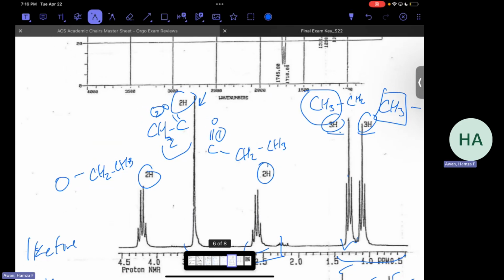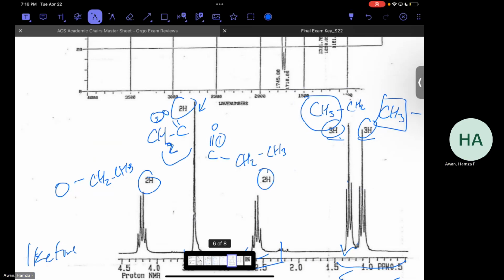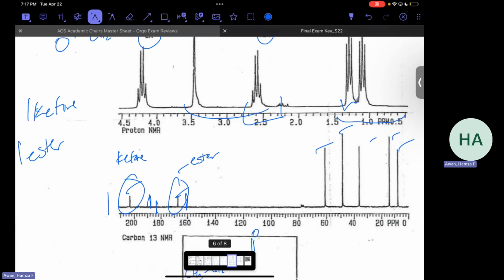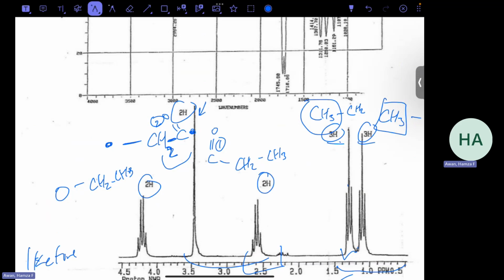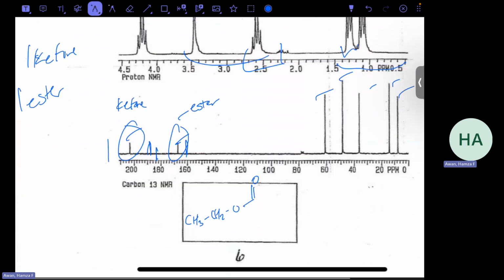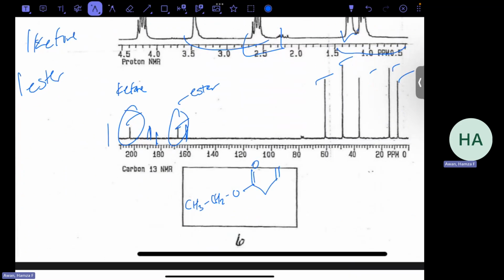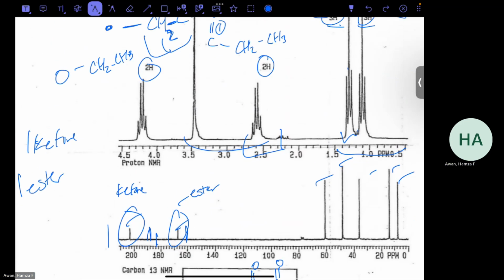This CH2 on either side of it is bonded to no hydrogens, right? So no hydrogens here and no hydrogens here. And we know if we have a ketone and an ester, according to this exam, it's probably going to be a beta keto ester, right? So this CH2 is telling us that this is the CH2 in between the two carbonyl groups. So if we were to draw the ketone like that, that's this CH2 right here.